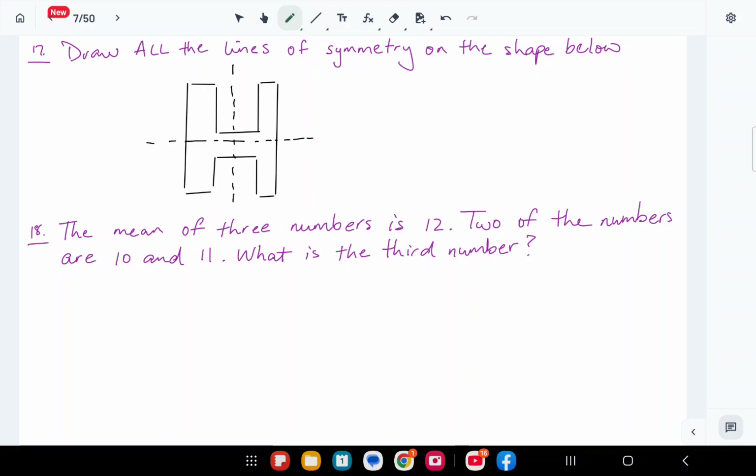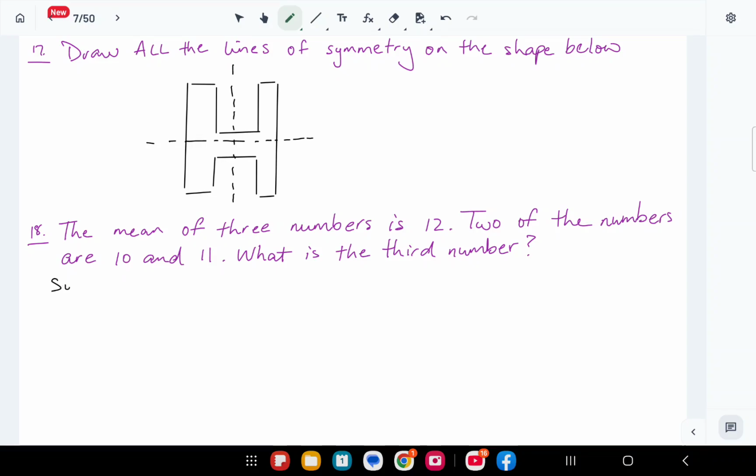Number 18, the mean of 3 numbers is 12. 2 of the numbers are 10 and 11. What is the third number? Whenever we need to find an unknown when given the mean, we always need to find the sum first.